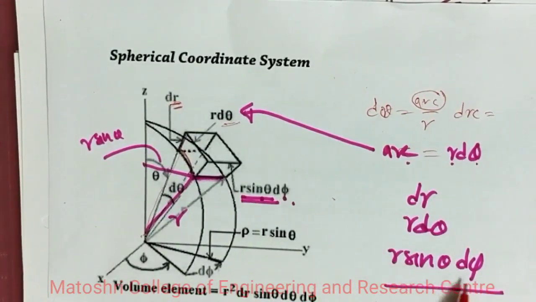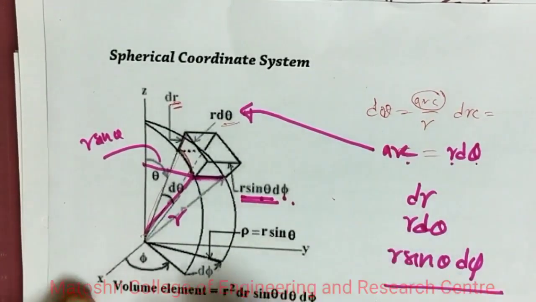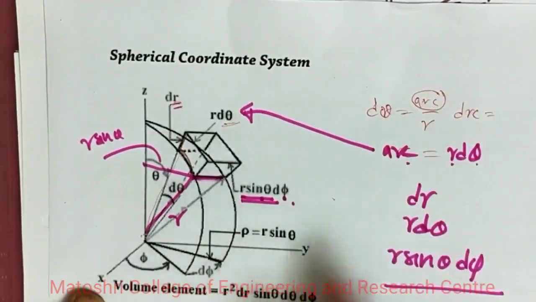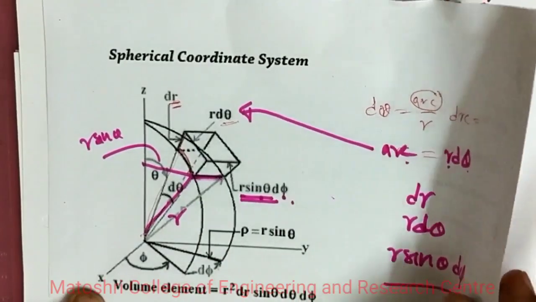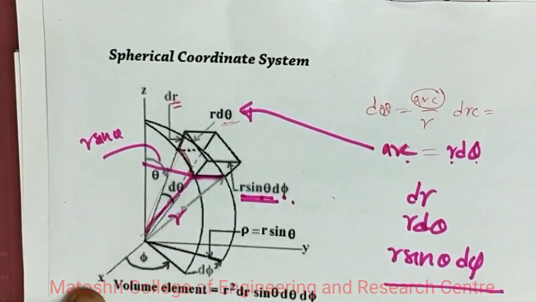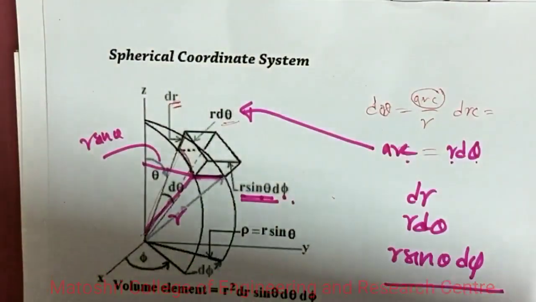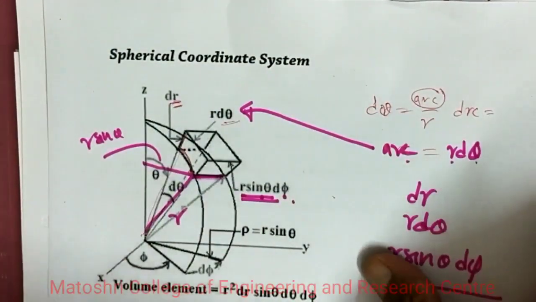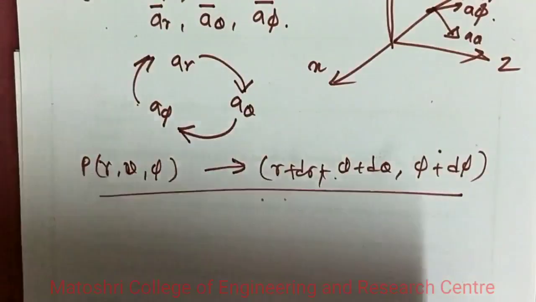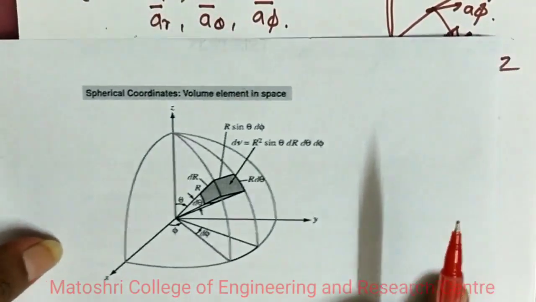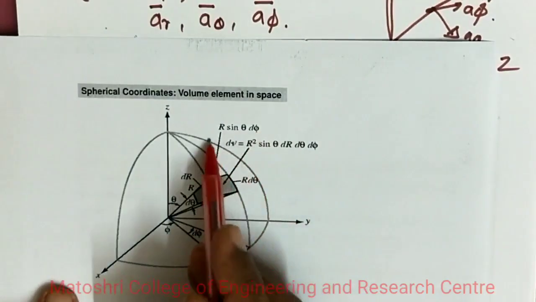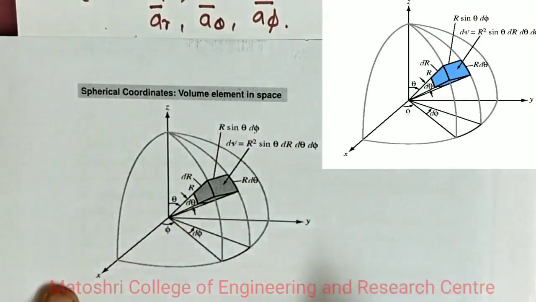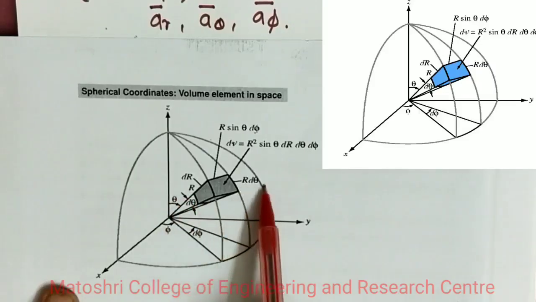Now when the lengths are varied, we get surfaces as well as volume. Let me show the surfaces here. This is how we get the different elements. It is r sine theta d phi, only here they are shown in uppercase, and this one is r d theta.